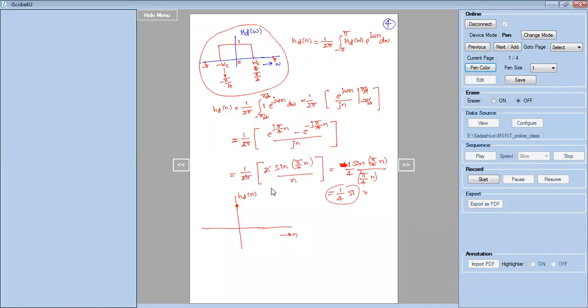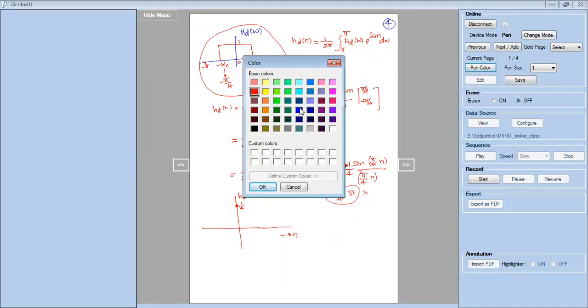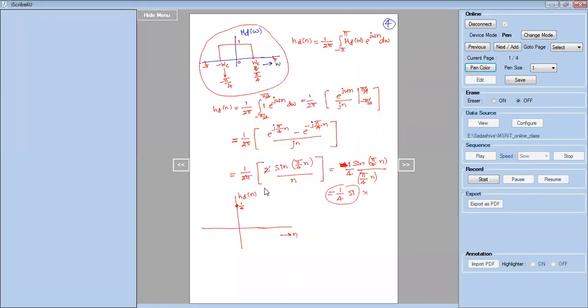So at n is equal to 0, it will be 1 by 4.